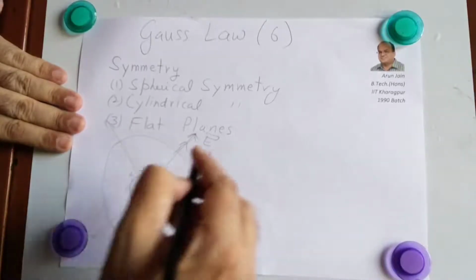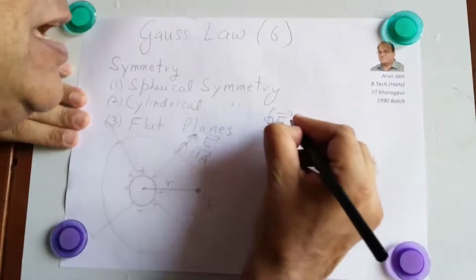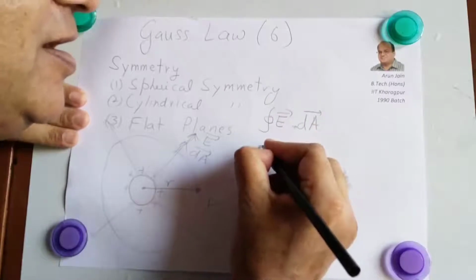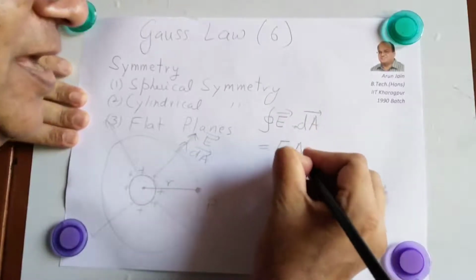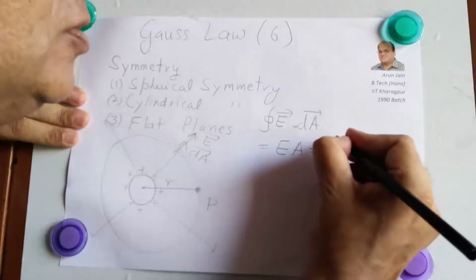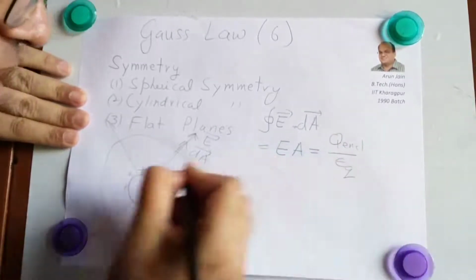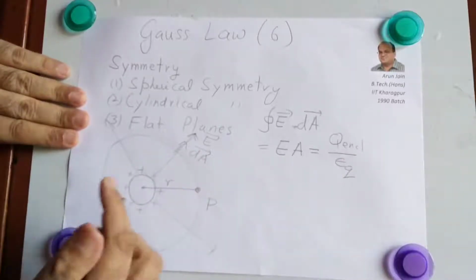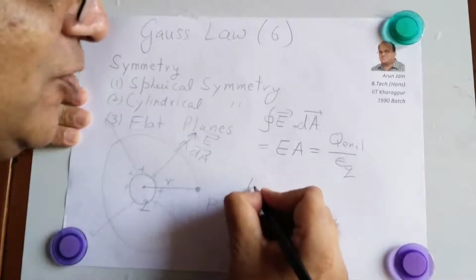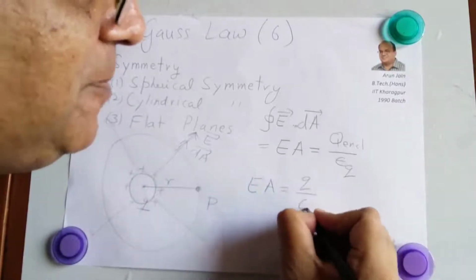electric field. Therefore, this integration E vector dot dA vector over the entire closed surface will simply become E into A. And Gauss law tells us this is equal to Q enclosed by epsilon naught. If the charge on this spherical shell is small q, then E into A is small q by epsilon naught.